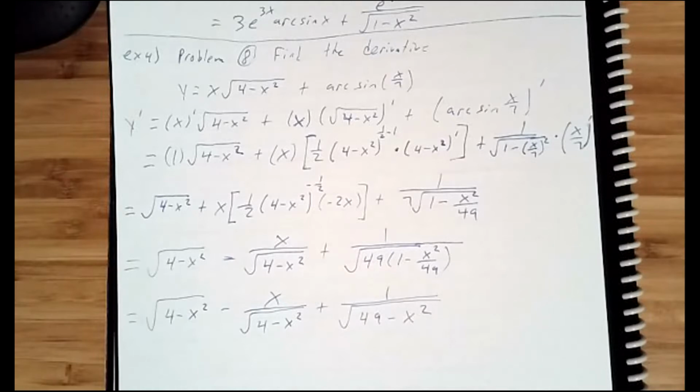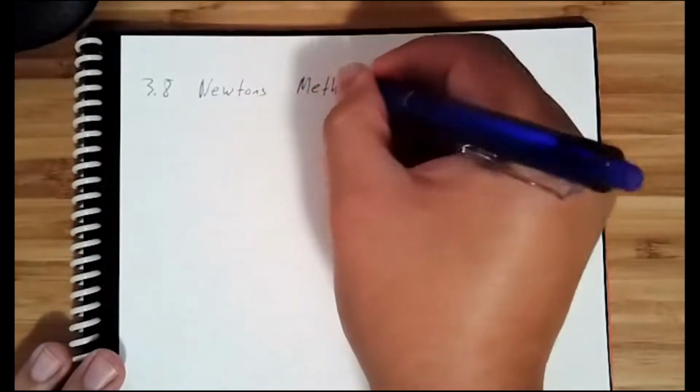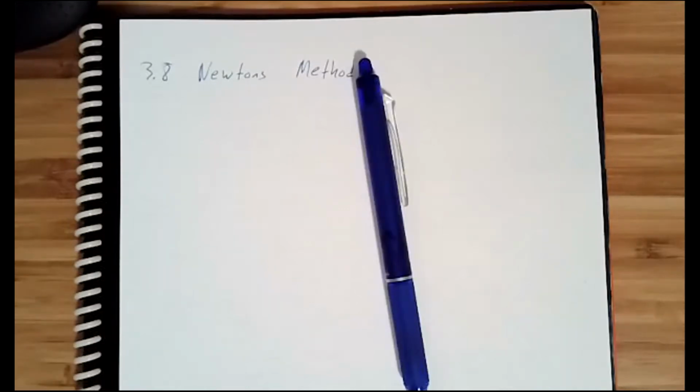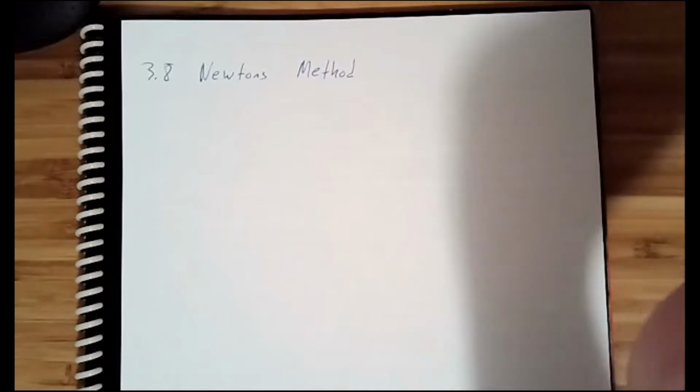Okay, let's look at Newton's method. So let me look then for 3.8. Newton's method is a technique to approximate zeros of any function.